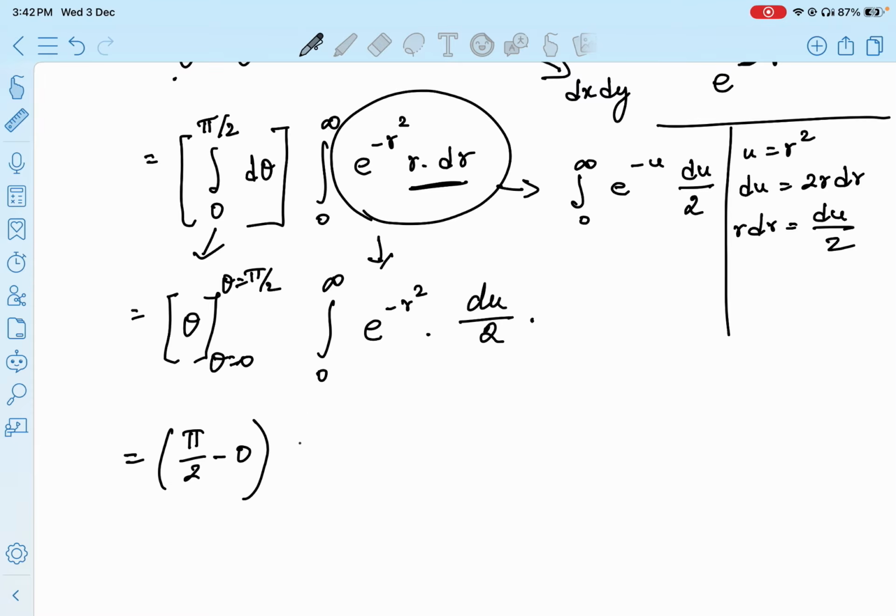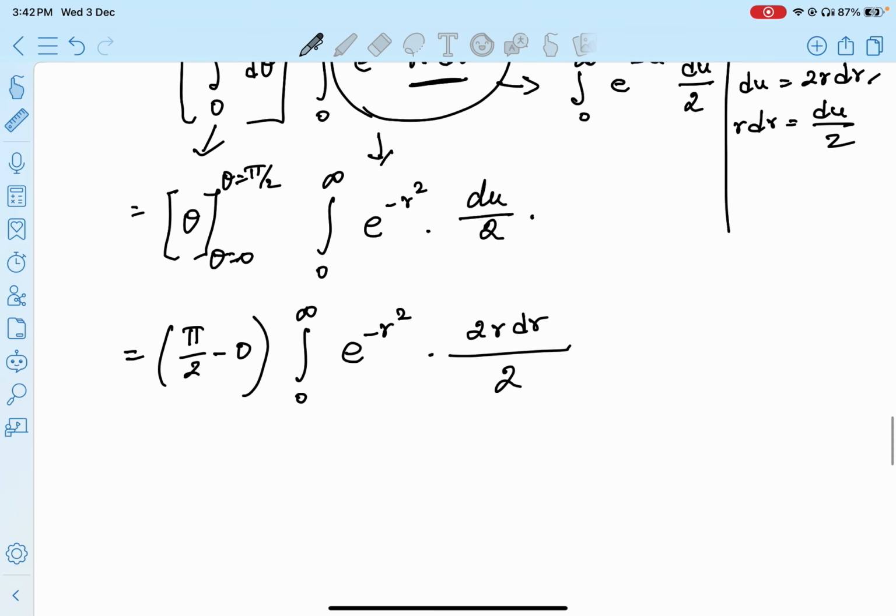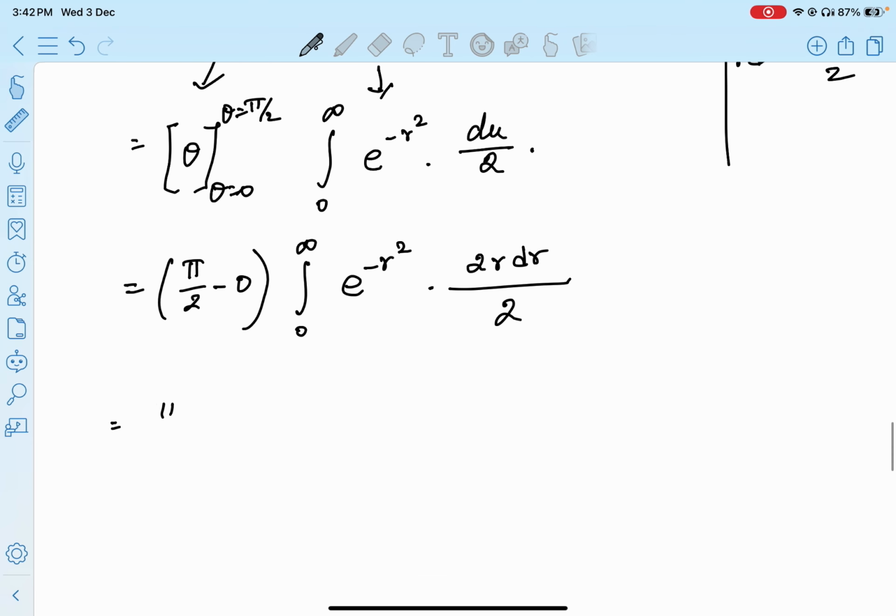Substituting our theta limits, this is pi by 2 minus 0. So this is the integral from 0 to infinity of e to the power minus r squared, times du by 2. What is du? du is 2r dr, divided by 2. Instead of du I have replaced 2r dr, with the divide by 2 there, which equals pi by 2.